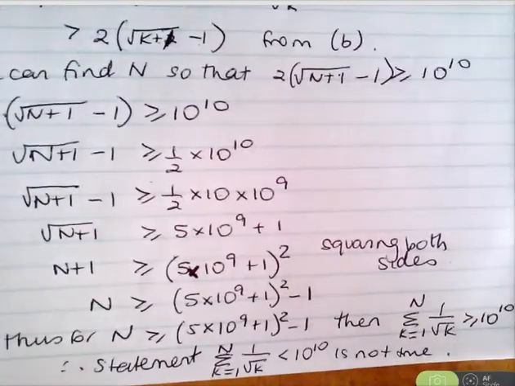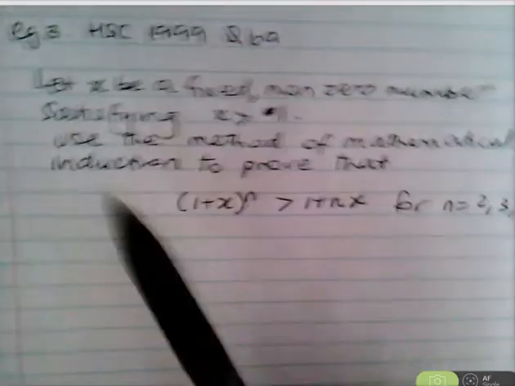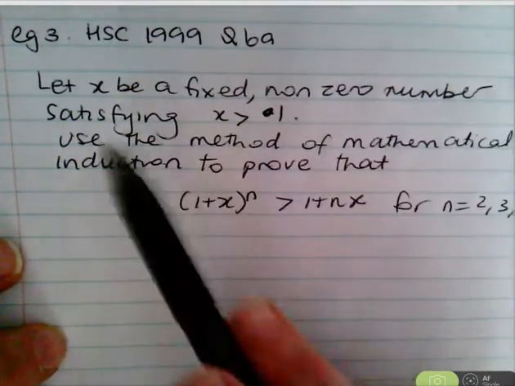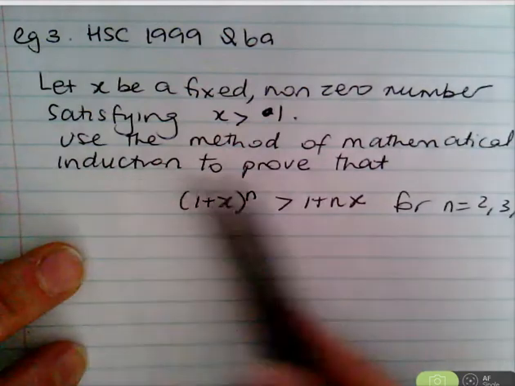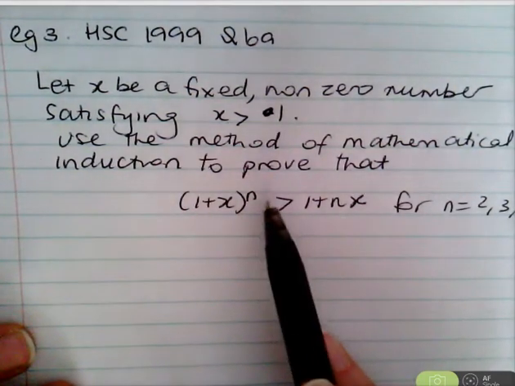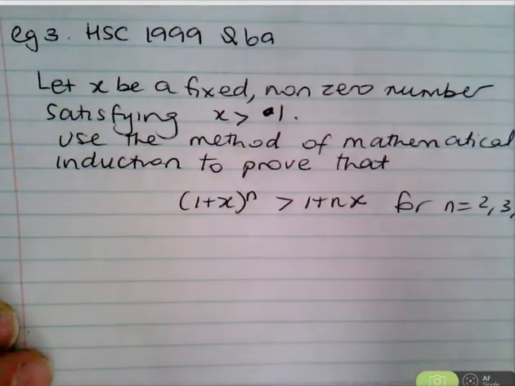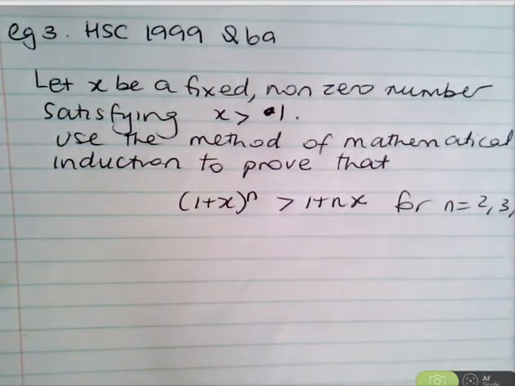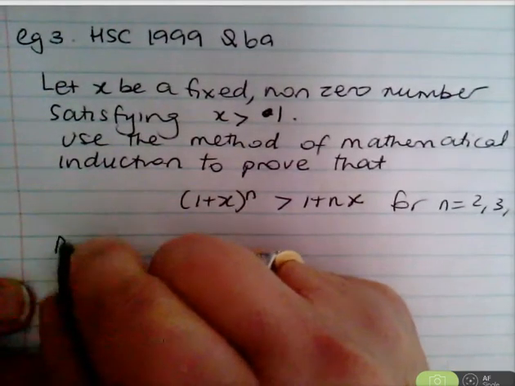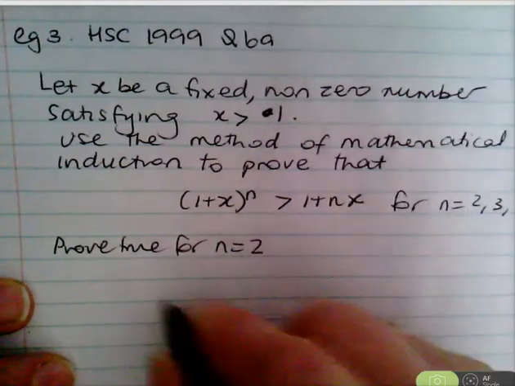Okay. The example from the 1999 HSC question 6a: let x be a fixed non-zero number satisfying x greater than negative 1. Use the method of mathematical induction to prove that 1 plus x to the power of n is greater than 1 plus n times x for n equals 2, 3, etc. Step 1, prove true for n equals 2.